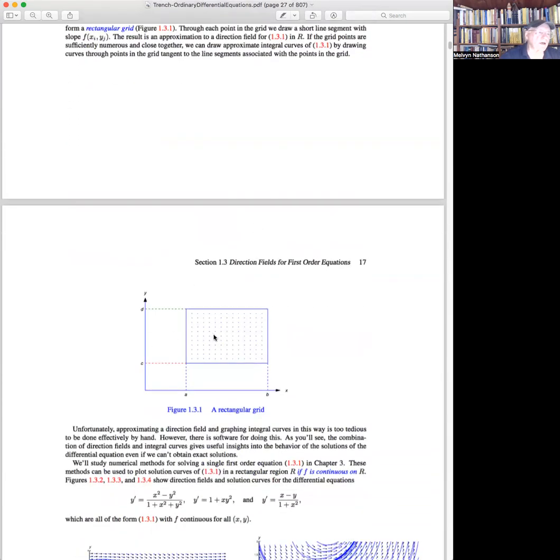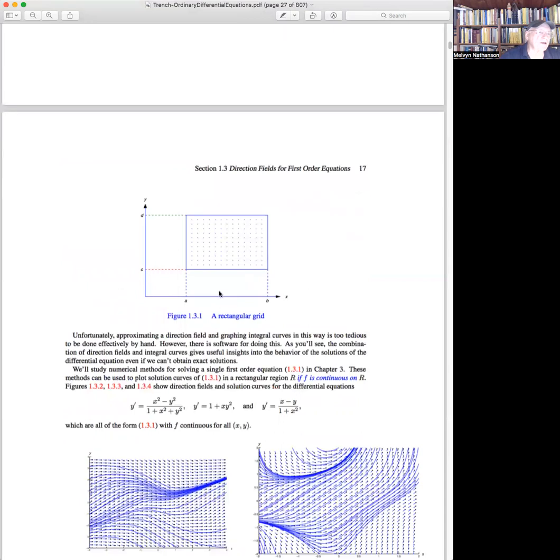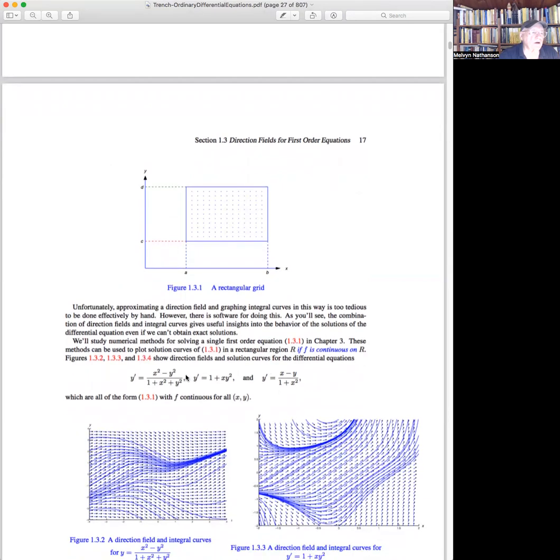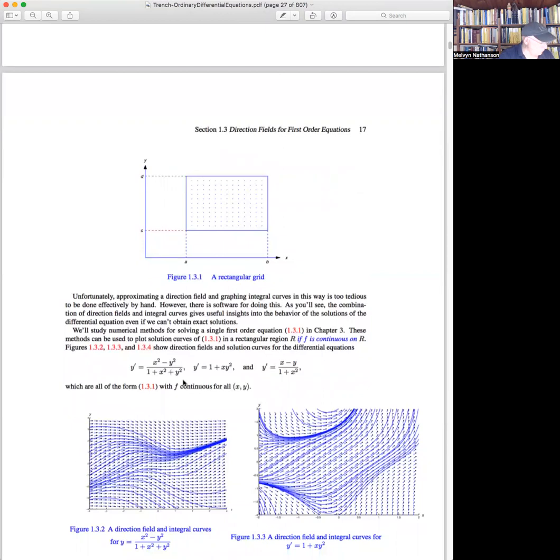Here I take some rectangular grid, and at each point in this grid, at each x, y, I calculate y prime. So here's an example. It's a more complicated example, but every example with integral curves is kind of complicated. Here's some differential equation. There are three different differential equations, and I'm just looking at the first one.